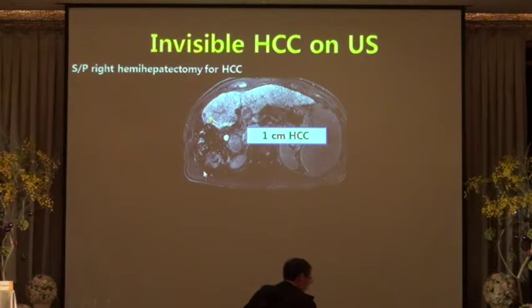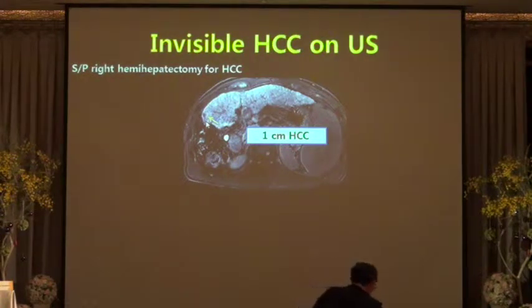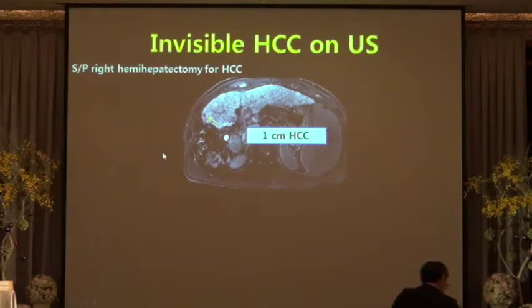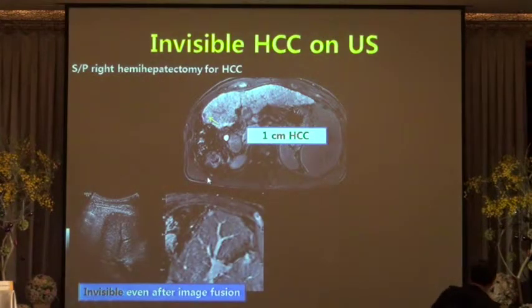Another example, here you can see a very tiny HCC nodule in segment 4 of the liver. On plain ultrasound before image fusion, the index tumor was totally invisible. It was invisible even after image fusion. However, you can see nice correlation of portal vein and its branches between real-time ultrasound and fused MR images.